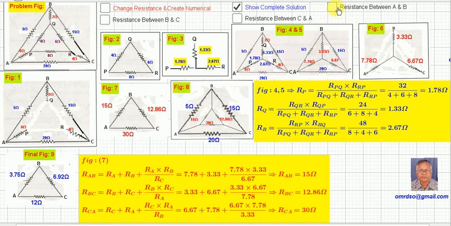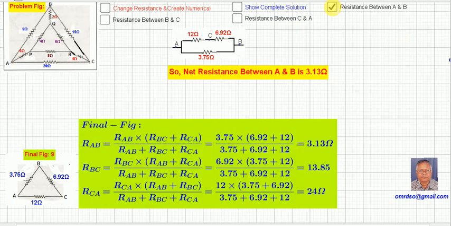Now the resistance between AB, if you want to know, see how it is calculated. Resistance between AB means RBC and RCA are in series, and along with that RAB is in parallel. As you know, if R1 and R2 are in parallel, the net resistance is R1 into R2 upon R1 plus R2.